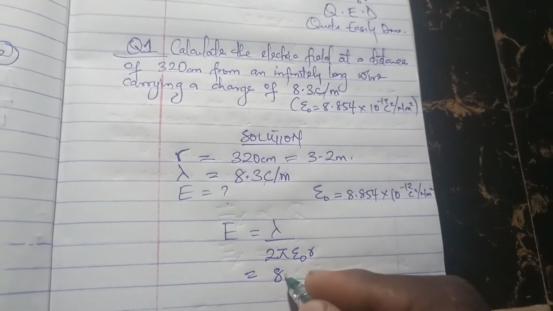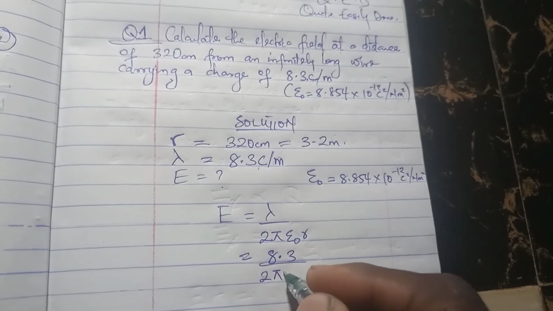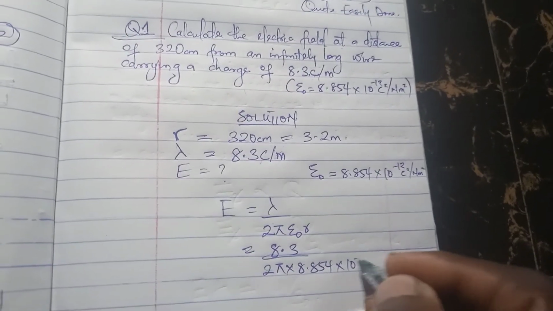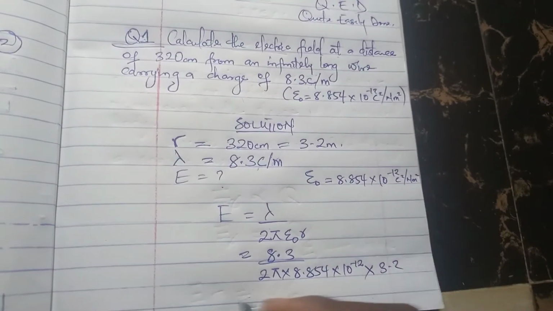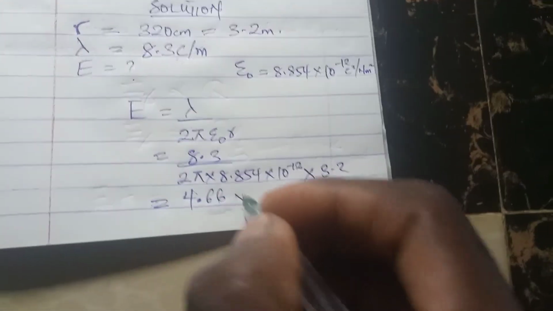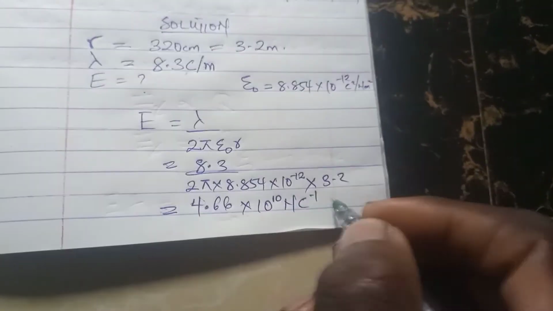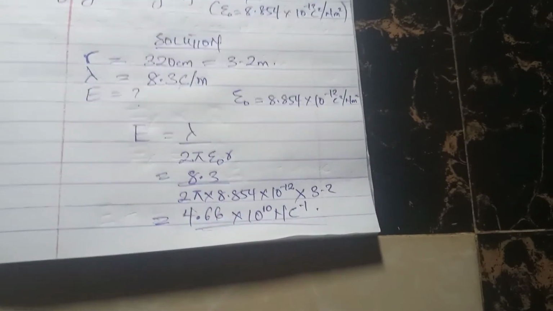You have 8.3 over 2 pi times 8.854 times 10 raised to power minus 12 times 3.2. Once you put this in your calculator and calculate properly, you have 4.66 times 10 raised to power 10 Newton per coulomb. So that settles the question.